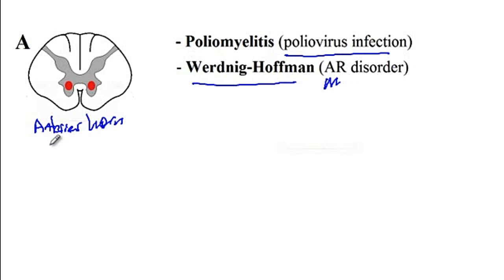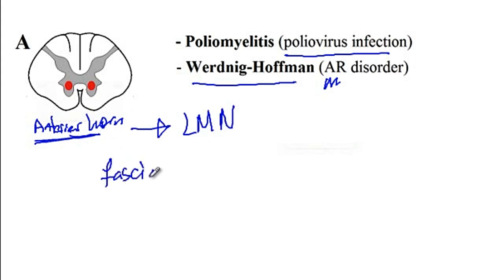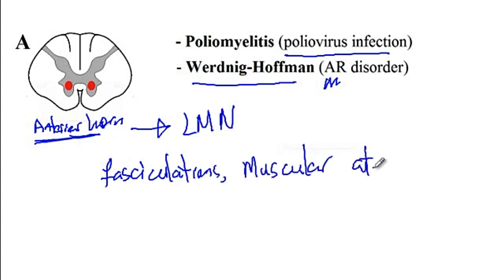And so, since the anterior horn is destroyed in these patients, and the anterior horn is part of the lower motor neurons, therefore there would be lower motor neuron symptoms. Like for instance, they would have fasciculations, muscular atrophy, and flaccid paralysis.